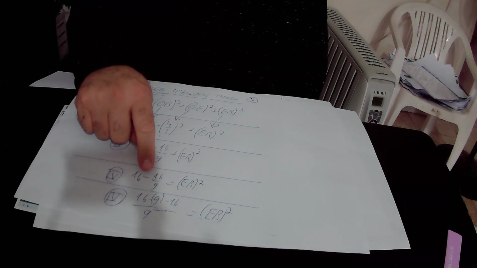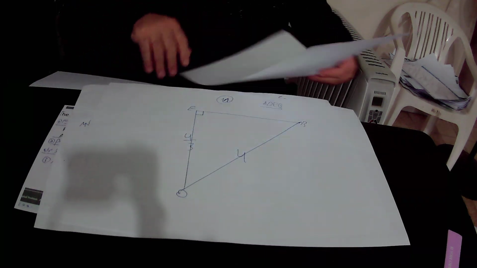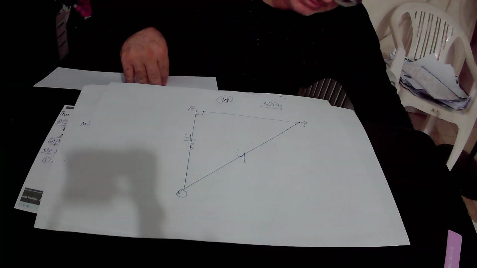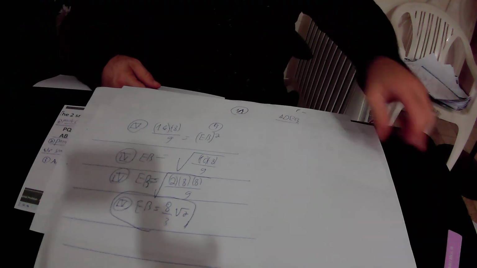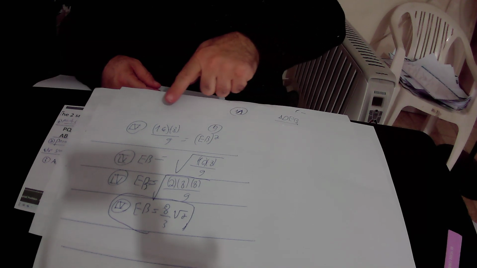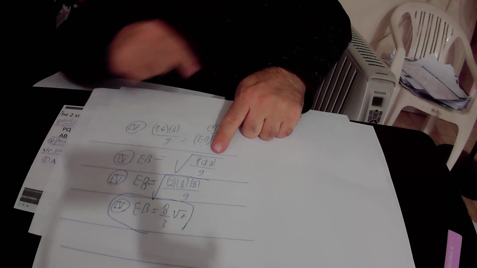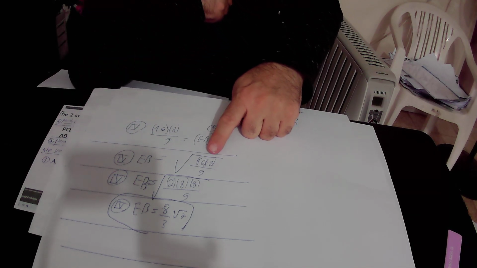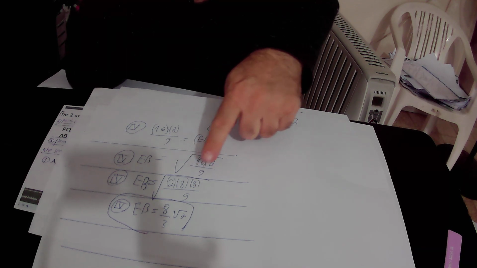And 16 times 9 minus 16 is 16 times 8. So we got that 16 times 8 over 9 equals EB square. We took a root of equation number 4, and we got that EB equals the square root of 16 times 8 over 9, and 16 equals 2 times 8, so we substituted 16 by 2 times 8.